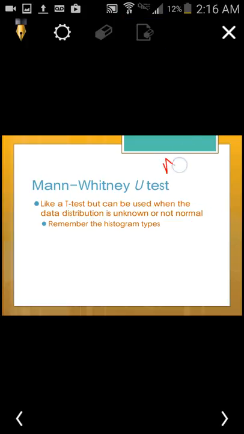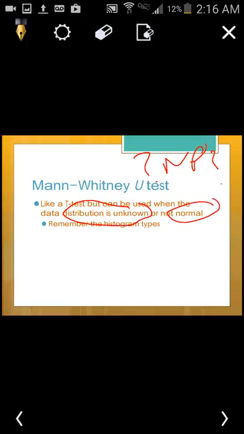This is a type of non-parametric test where you really have no idea what the distribution is and your curve isn't working out. You don't even know what the distribution is.